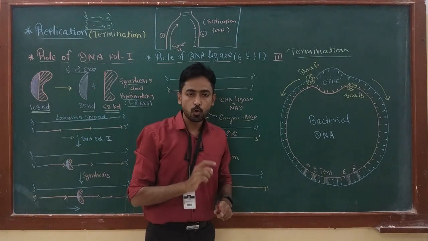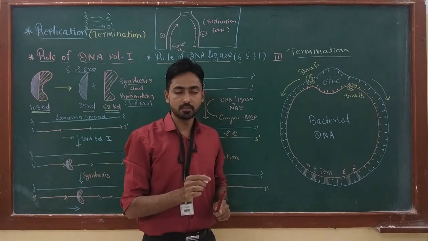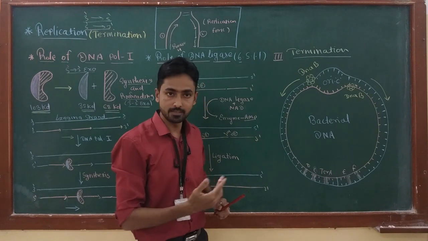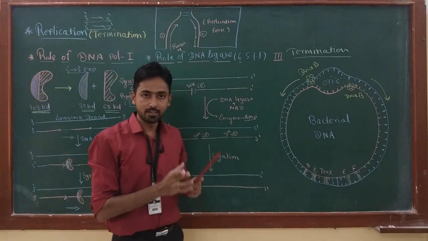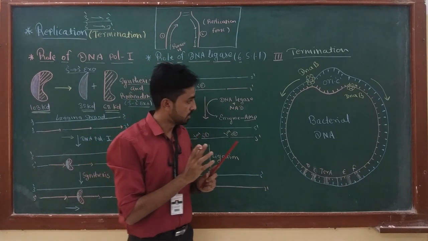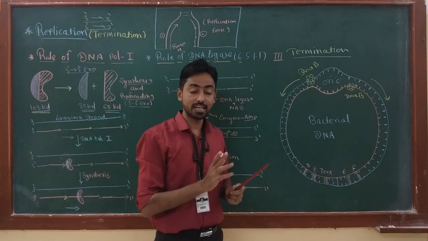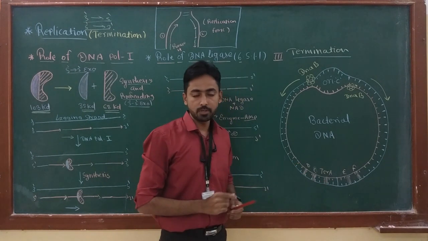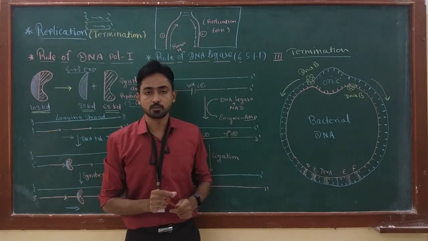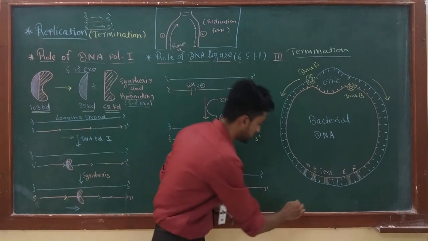But this site only signals the termination process. This site is not directly involved in inhibiting the replication process. A special type of protein is required which binds to this TER site and inhibits the process. That protein is called the TUS protein.